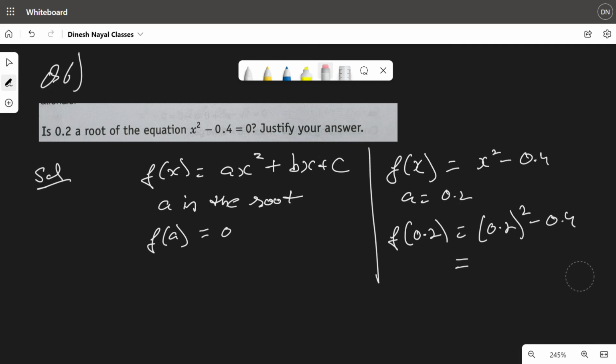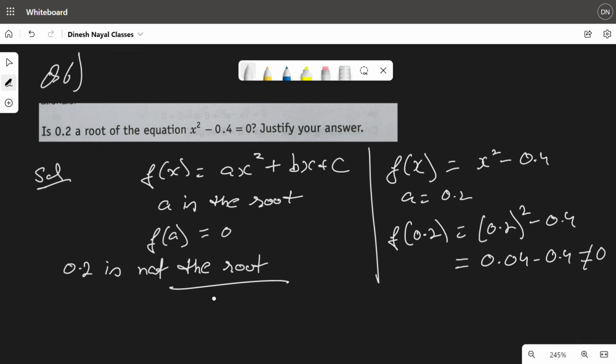Sorry for this. This is 0.04 minus 0.4, which is actually not 0. So whatever is the answer is not 0. So 0.2 is not a root of this equation.